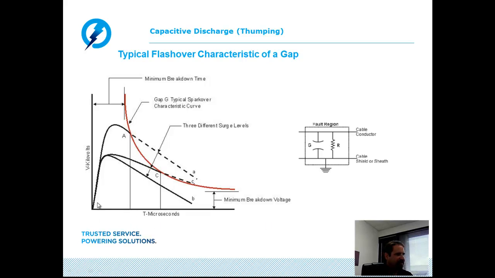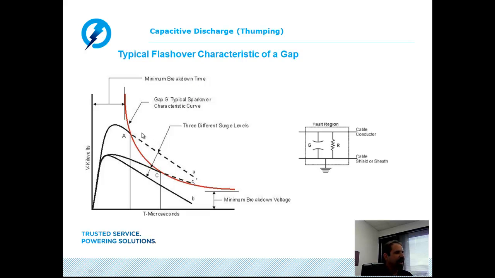In the output of surge generator or thumper A, we see that it has more than enough voltage applied to meet the minimum voltage requirement. What we also see is that the voltage stays on the cable long enough and does not dissipate along the cable, so we have plenty of time that this voltage is present in order to meet the minimum breakdown time.